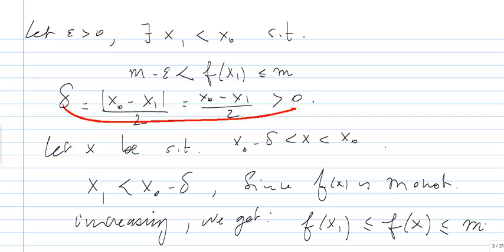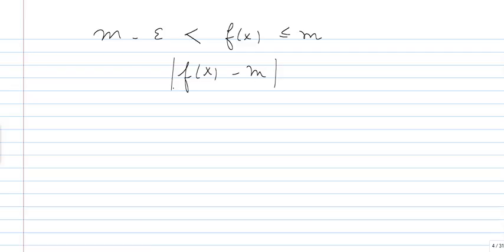But since f of x1 is bigger than m minus epsilon, we get that m minus epsilon is less than f of x, less or equal than m, which implies that f of x minus m is less than epsilon.